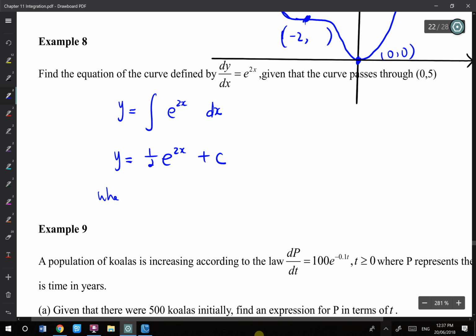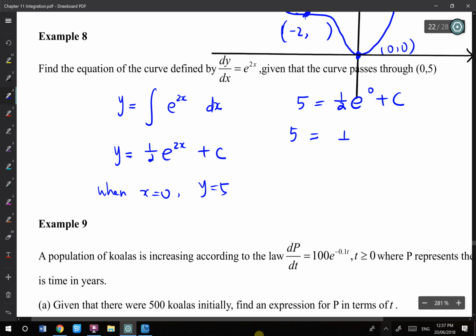When x equals 0, y should be 5. So 5 equals a half e to the power of 0 plus c. 5 is a half plus c, so c is 9 on 2.